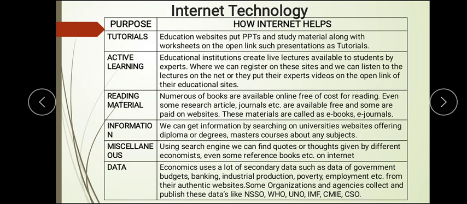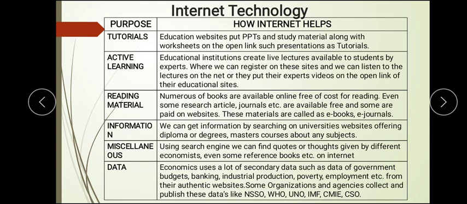And lastly CSO, the Central Statistical Organization. These are some of the organizations which give a perfect source of authentic data and publish it. In economics we try to use these organizations' data to understand the concepts very easily and get authentic data, so that perfect figures are known and summarized.